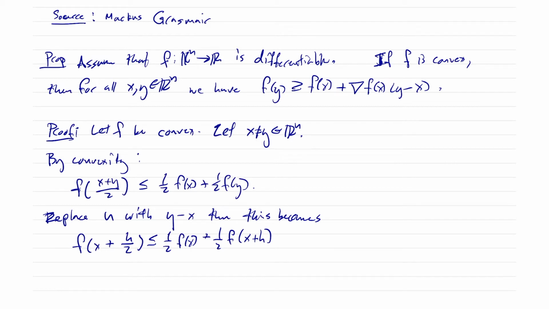Okay, so then we can do some manipulations, just moving things around and multiplying. So we get f of x plus h minus f of x is greater than or equal to f of x plus h over 2 minus f of x, all divided by 1/2.